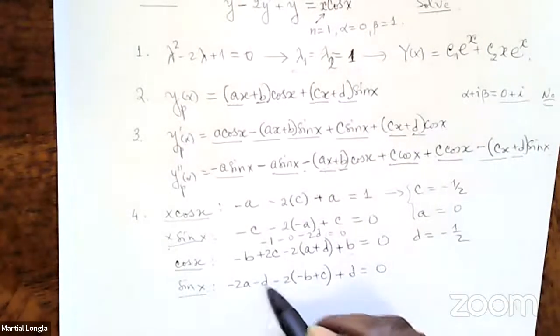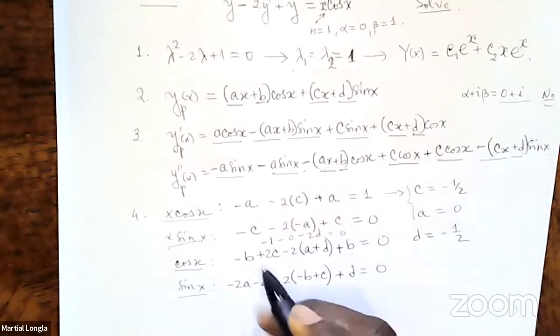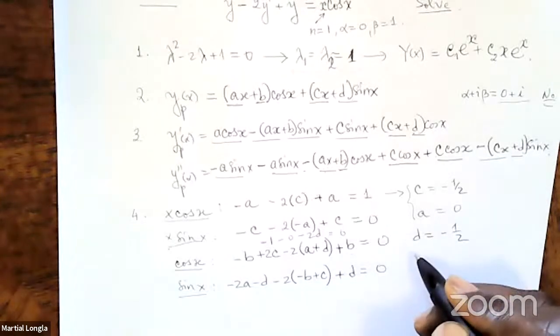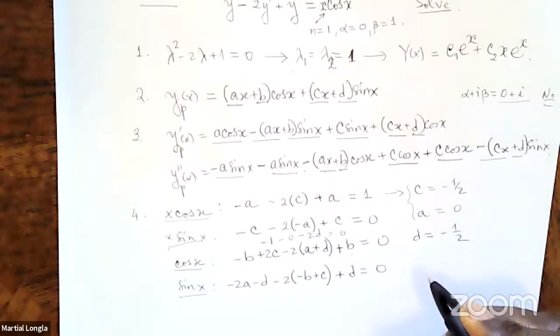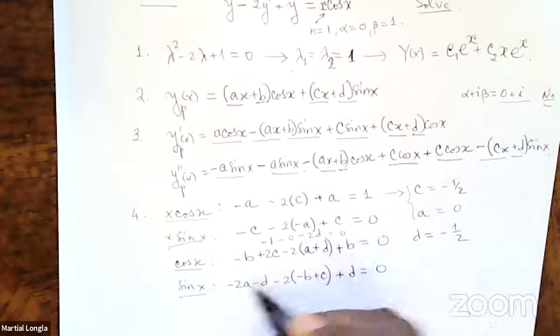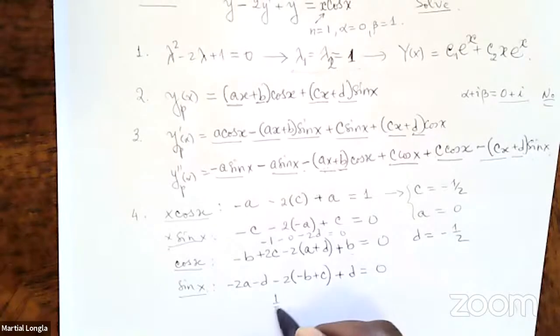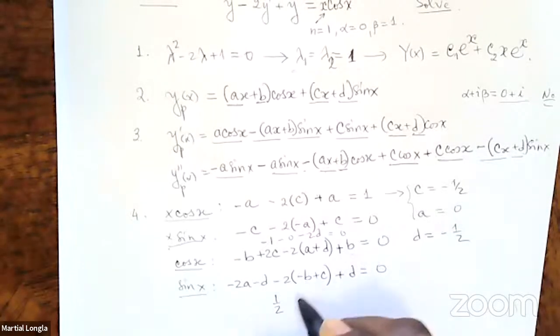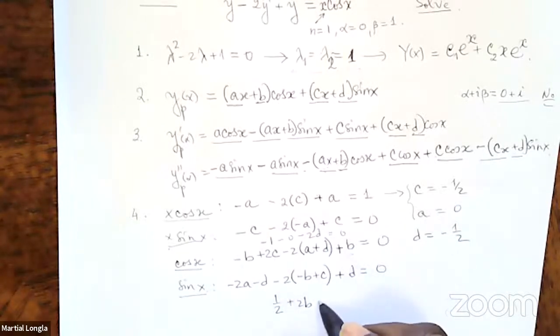And so you can see the d's cancel, and we can get b. 2a minus 2a, a is 0, so that's 0. And minus d is 1/2, so you get 1/2. And b plus 2b. And c minus 2c is plus 1/2.